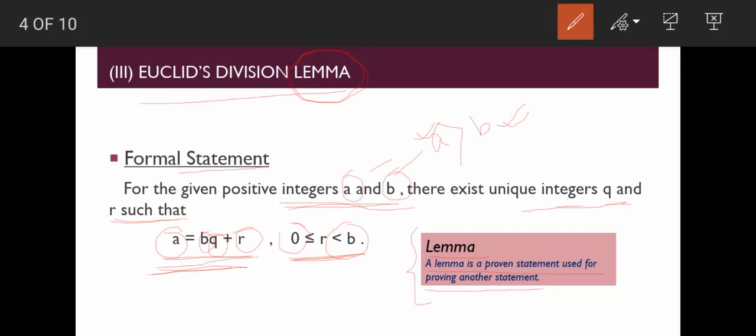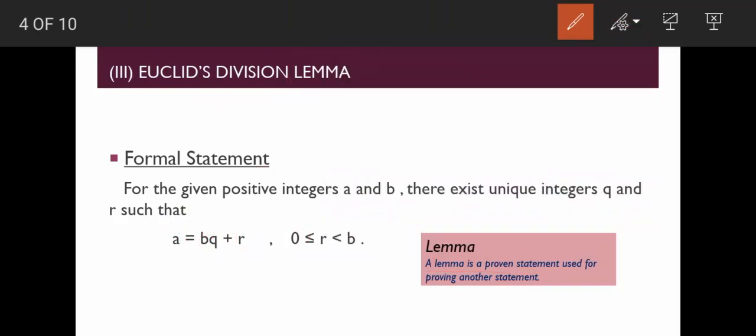Once again, we are going to consider the previous example. We considered two integers, 9 and 4. We are going to divide 9 by 4. When we divide 9 by 4, we get the quotient 2. Here we can write 8, because 4 twos are 8.